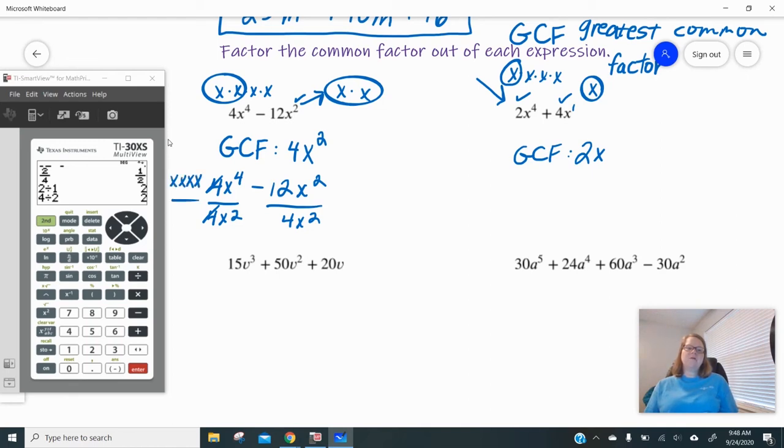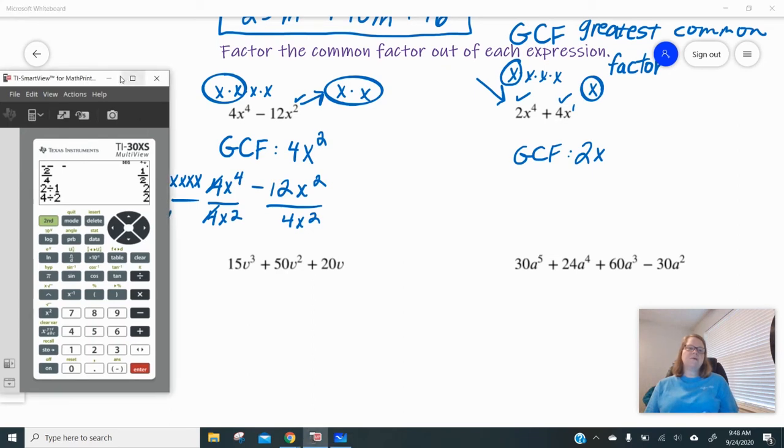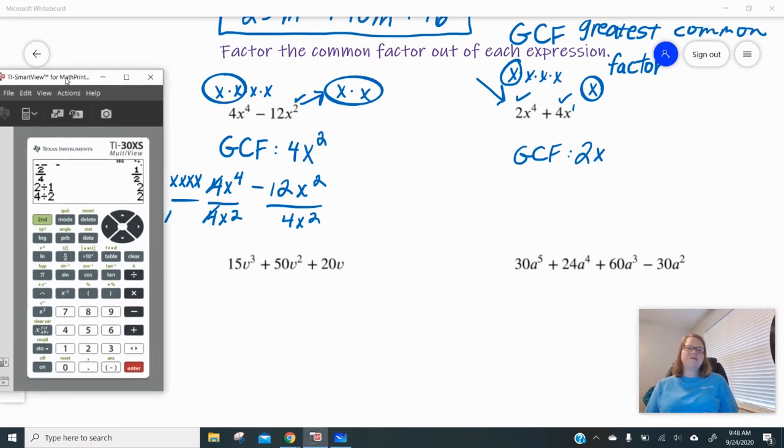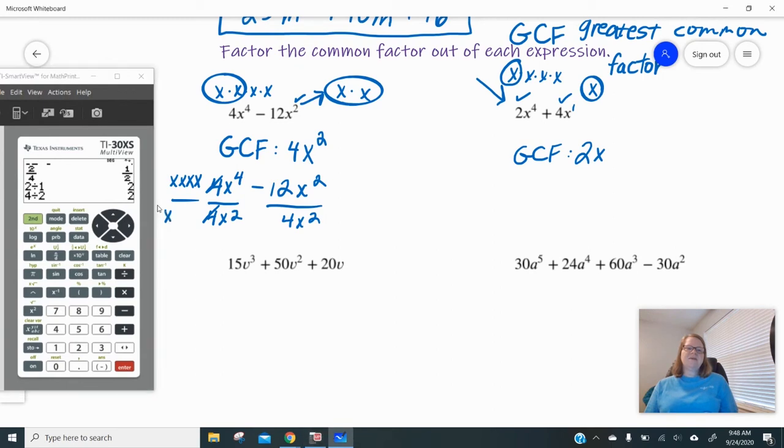Now, what we have here is 4 x's on top, and two x's on the bottom because it's x squared. Now, those x's cancel, those x's cancel. That leaves me with x times x on the top of the fraction, so to speak.